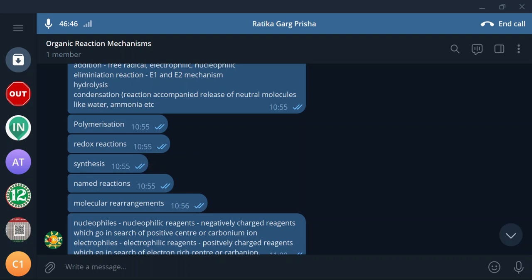Synthesis means from basic molecules you should be able to get advanced molecules, so that we can prepare a synthetic route from simple molecules which are locally available and cheaper. That kind of laboratory synthesis is called synthetic organic reactions or synthesis. There are many named reactions and named synthesis reactions also.